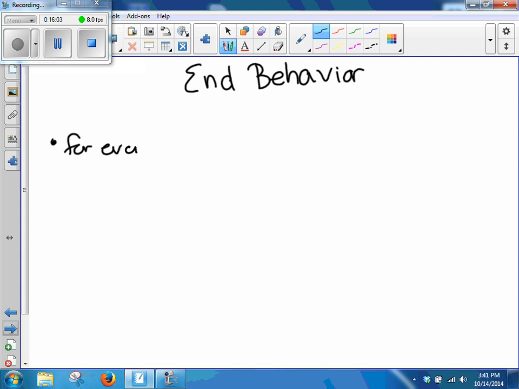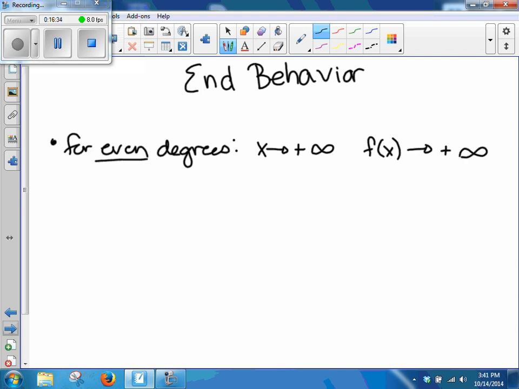For even degrees, and this is true every single time, whether it's 2, 4, 6, 8, 20, 1,000, whatever it may be, if it's an even degree, as x approaches positive infinity, as x gets bigger, your f of x approaches positive infinity as well.